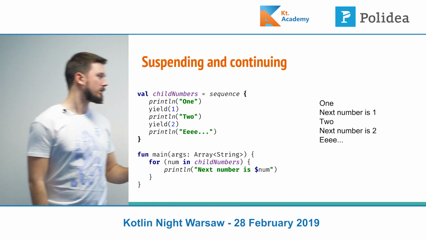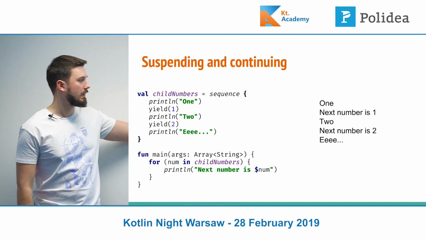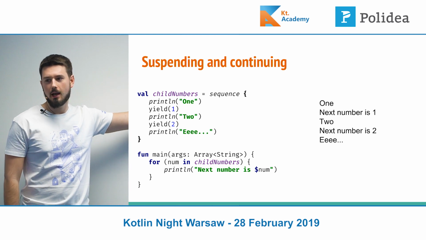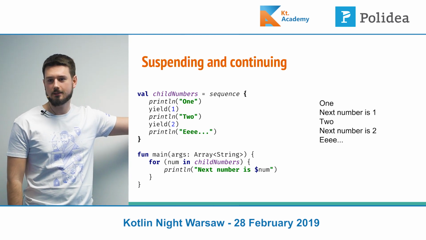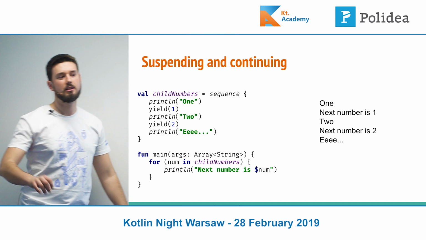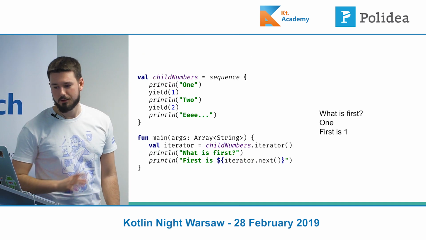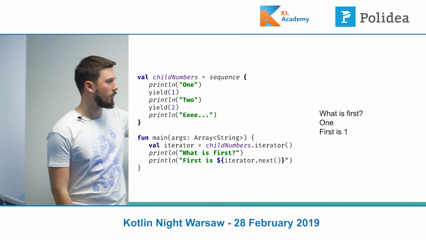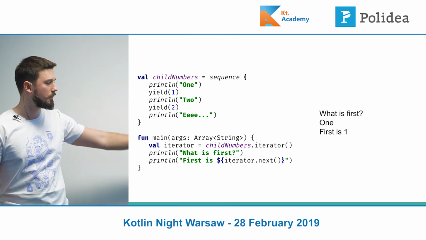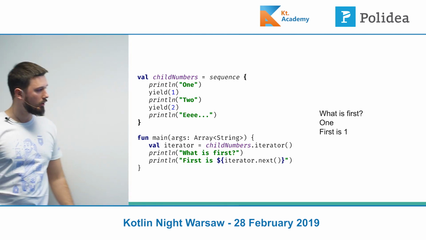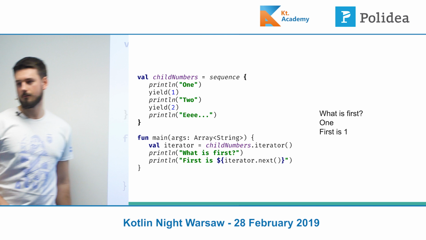You can see that we stop exactly after yield, and we get back when we need the next value. To visualize it even more, in this example we have the same sequence, but here we produce an iterator, and we only take the first value.